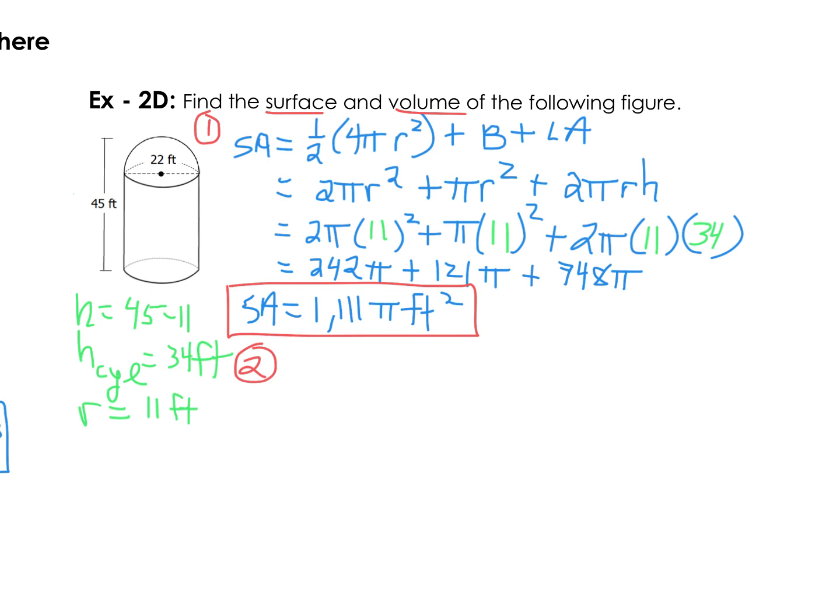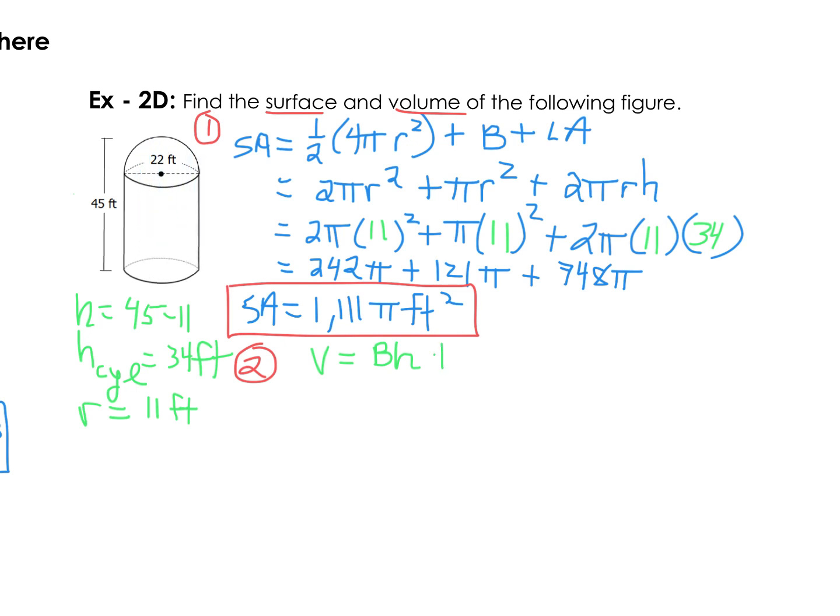So volume should be a little bit easier because the volume for the cylinder is going to be the same as normal volume. It's going to be area of the big B times H, right? That's cylinders. So let's start with that. So volume for the cylinder is big B H. We'll come up with that in a minute. But then we only want half of the volume for a sphere.